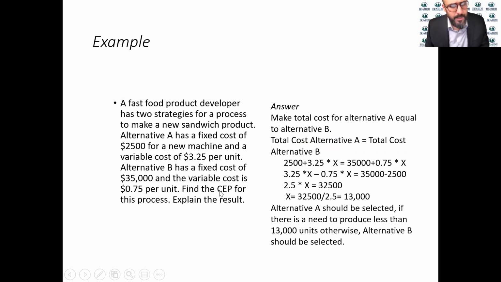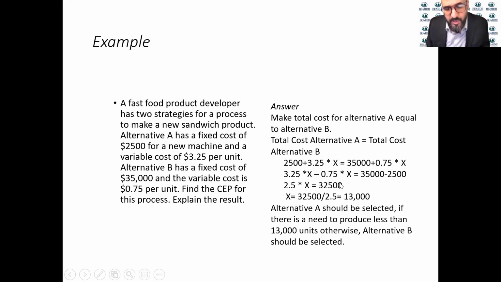Find the CEP for this process and explain the results. So we need to make the total cost for A equal to the total cost for B. The total cost for A would be $2,500 plus 3.25 times X, equal to 35,000 plus 75 cents times X. Now solve the equation for X.